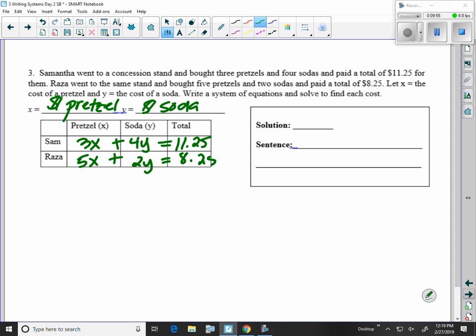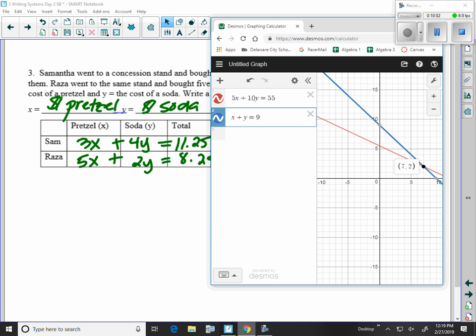Okay, do you agree with my second equation? Yes. Okay, let's put it into Desmos and see where it crosses.